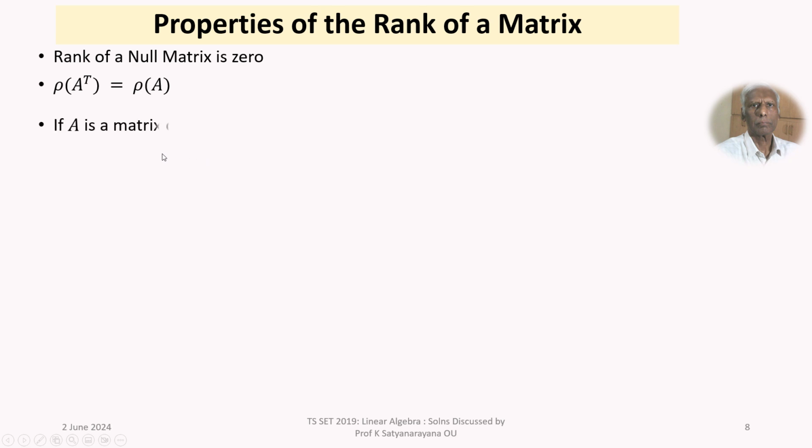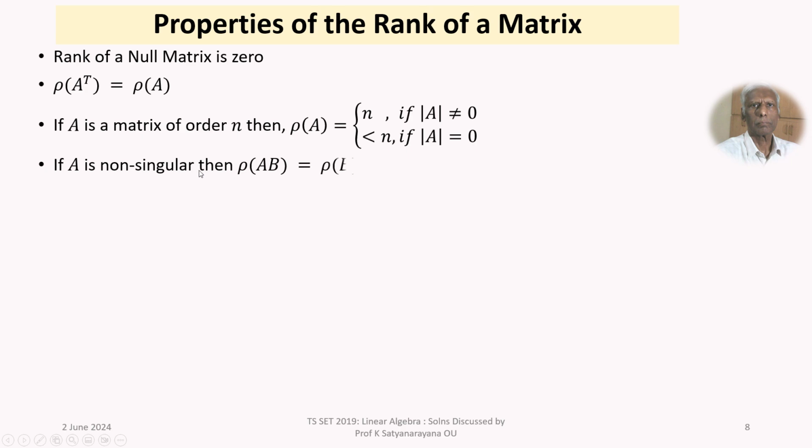Right. If A is a matrix of order n, then the rank of A is precisely n if determinant of A is not equal to 0. That means when A is non-singular. Rank of A will be less than n if determinant of A is 0. That is, when A is singular, the rank of A is less than n.